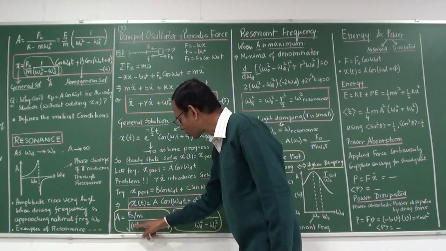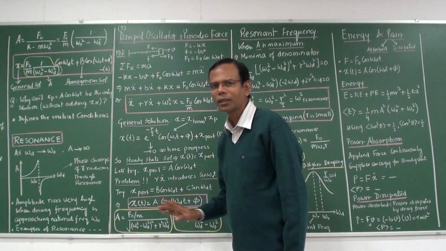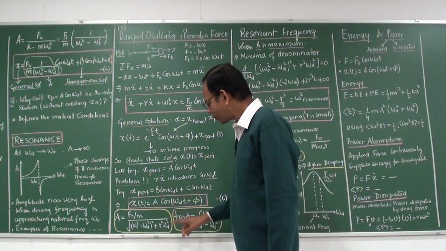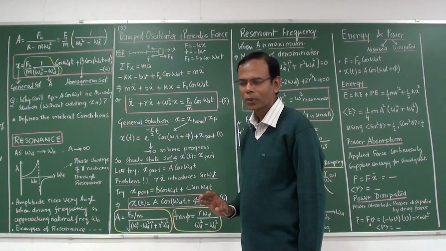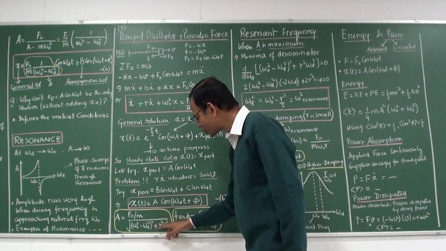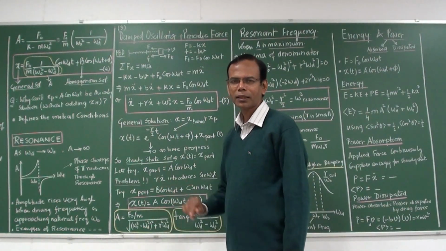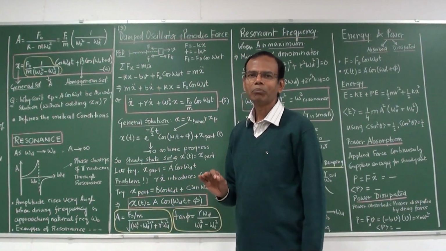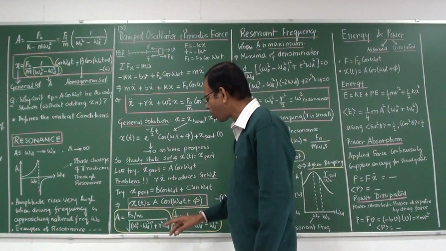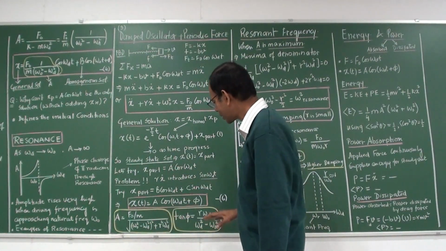So we have to find out when this denominator will be minimum. Here, as you see, the variable is omega d, so we have to differentiate this with respect to omega d and put that equal to 0. That will give me the minimum value. Let us do that.